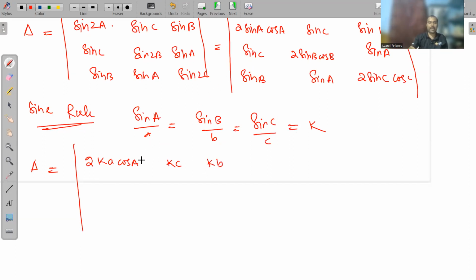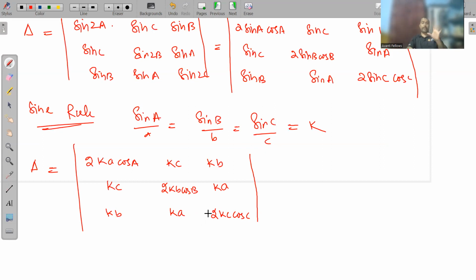Now sin C is kc, and 2 sin B, where sin B is kb, gives 2kb cos B, and this is ka. Sin B is kb, in place of sin A we substitute ka, and 2 sin C cos C becomes 2kc cos C. So this is the delta we got.